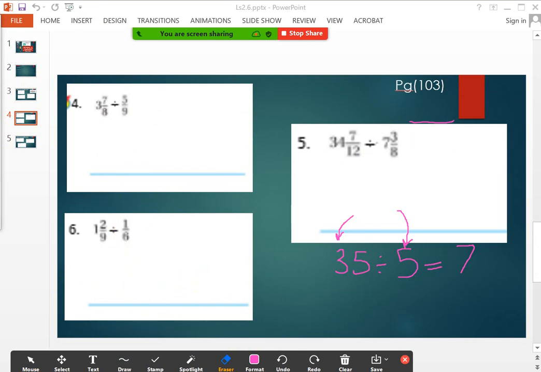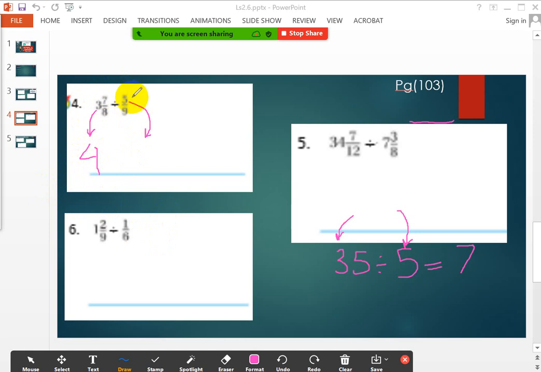Now, look, I want to round the numbers into the closest number that's able to divide by each other. 3 and 7 over 8 divided by 5 over 9. Let's see how I will find the answer. What is the closest number to 3 and 7 over 8? 4. Very good, 4. So the closest whole is 4.